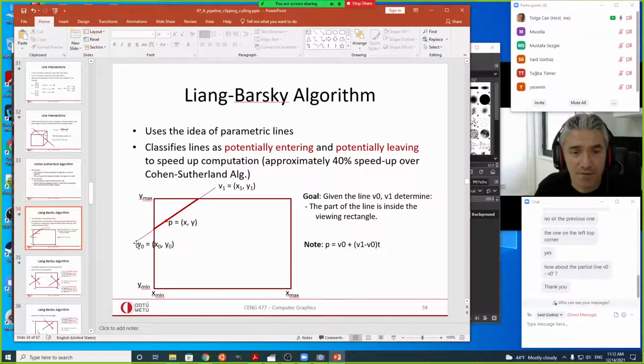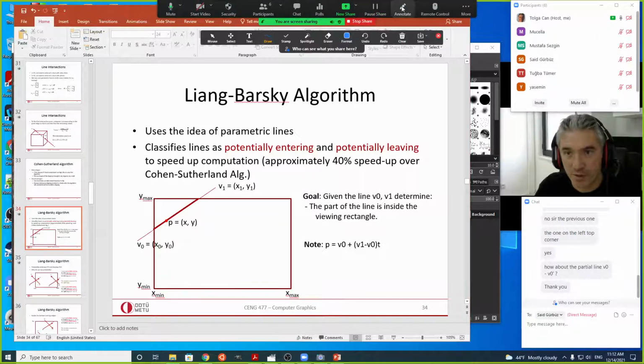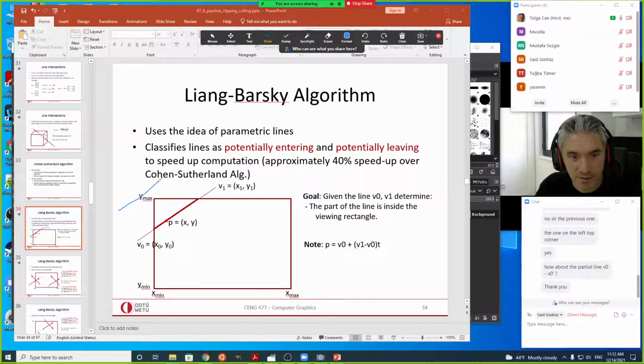If we have a line from v0 to v1, there's some beginning point and end point. Let me tell you why we call it potentially. Look at this: this is v0, this is v1, and again this is v0, v1.